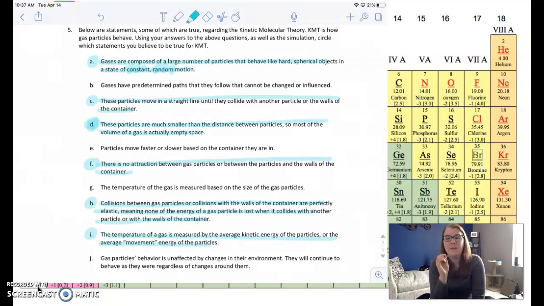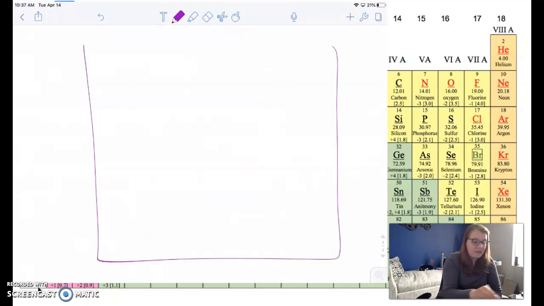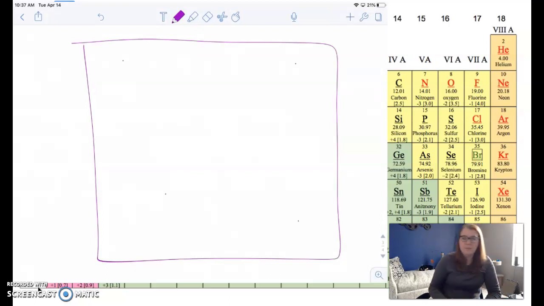So just to extrapolate on this idea more, a more accurate idea of what this simulation would have looked like would be, this is the container, and then those would have been the gas particles. So when you imagine a balloon, for example, if you've got a balloon that's filled with gas, most of the space that balloon is occupying is actually empty space, because the individual gas particles have so much distance in between them, and that distance is much larger than the actual size of the particle.